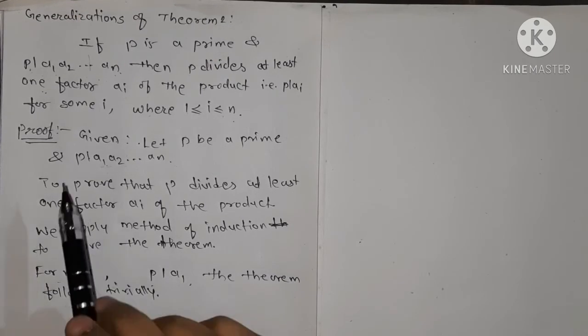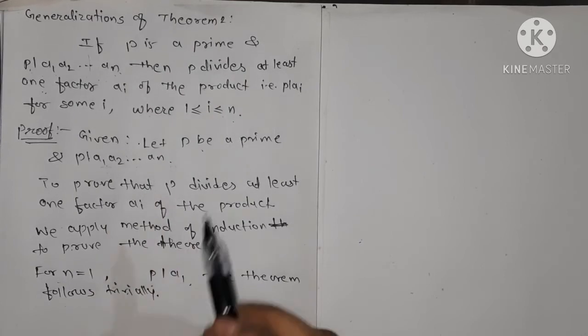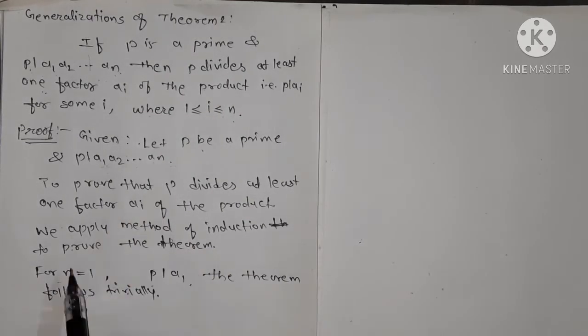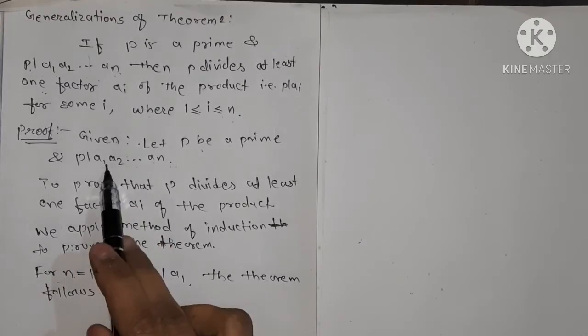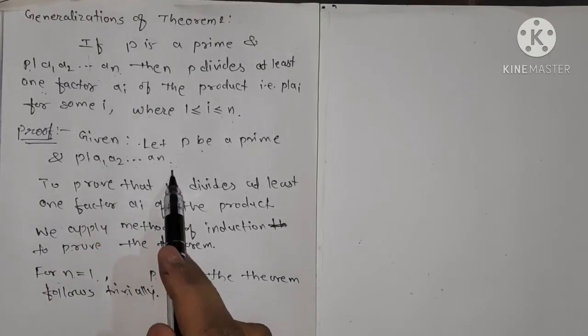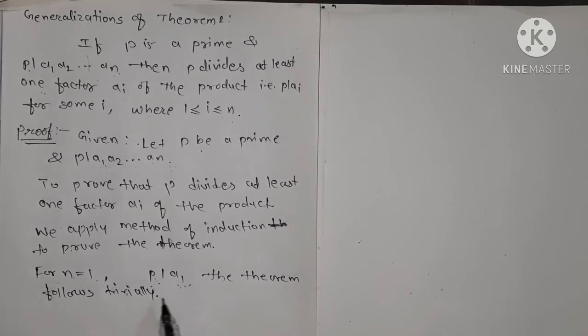Because our P divides the product A1 A2 up to AN, and for n equals to 1, P is dividing A1 in the given part also. As P is dividing A1, we have to prove that it is dividing at least one factor, so it is, hence the theorem trivially follows.